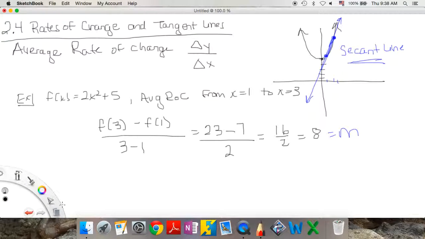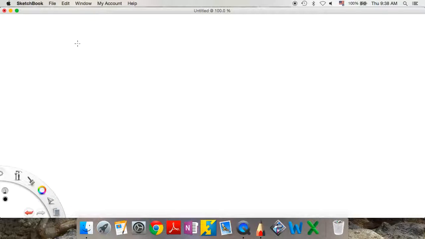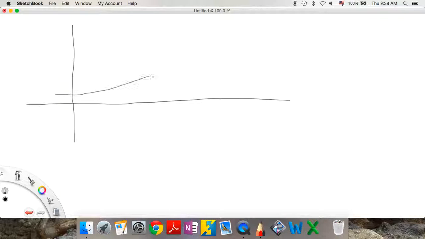Now, sometimes we're looking for the average rate of change along really small intervals. Let's say we have a function that looks something like this, and we've got this x value here. That's one of our points we want to look at.